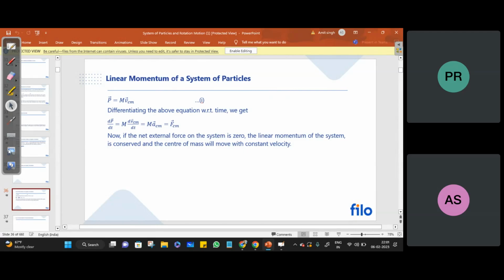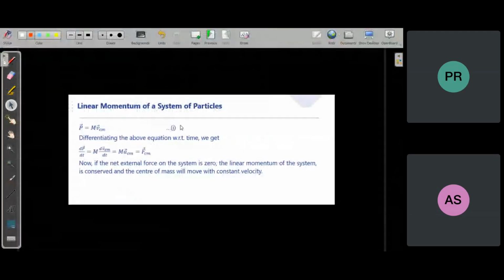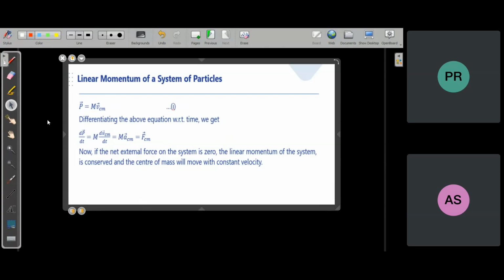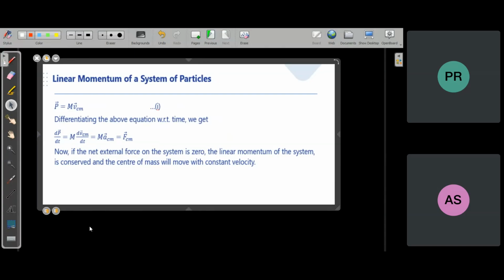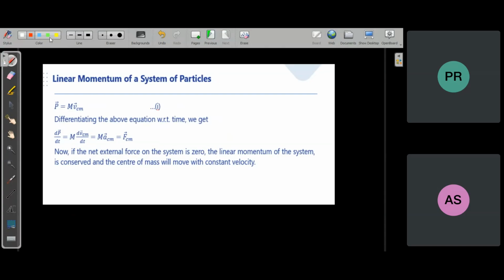Okay, so now from here, you already know what the linear momentum of a system is. Linear momentum of a system will be the total mass of the system into the velocity of the center of mass of the system. And again, now you can apply Newton's second law. You can see this is the total linear momentum of the system.